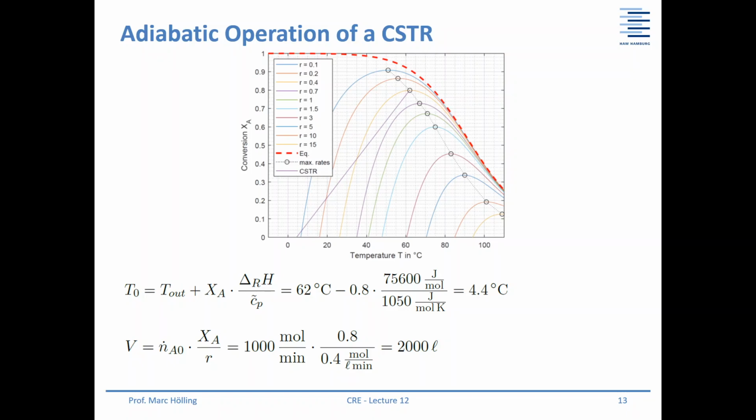If you rearrange the formula, you can write it down like this. 62 degrees Celsius we found here in our diagram. Then we have a conversion of 80%. We know our values here, and then you can calculate the 4.4 degrees Celsius as inlet temperature.